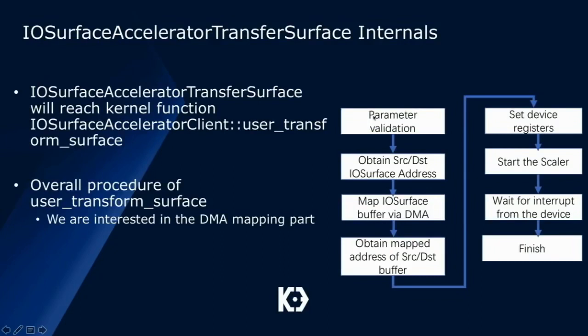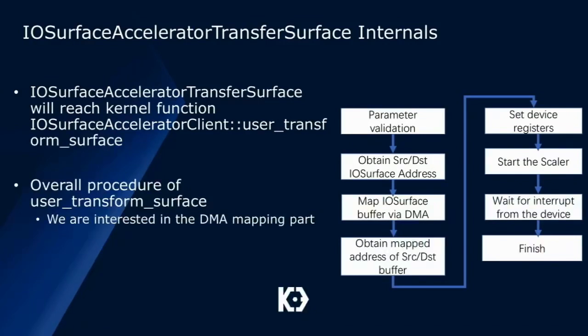So here is the overall workflow for the transform. The first step is that the kernel validates the parameters from the userland, and then it obtains the source and the destination IO surface addresses, and then it maps the IO surface buffer via DMA, and then it obtains the mapped address and sets the device buffer, and then it starts the scalar device.